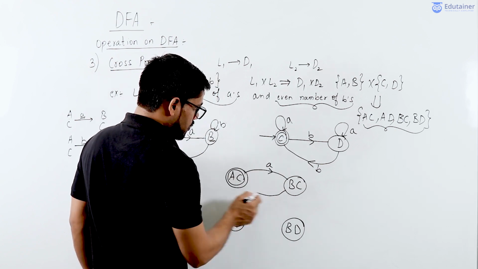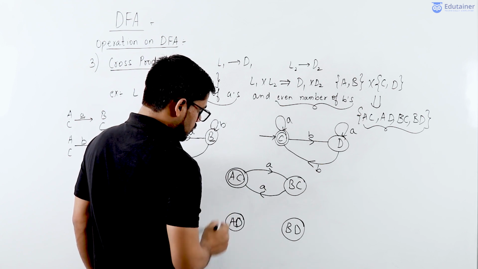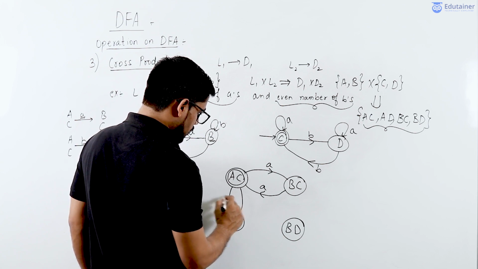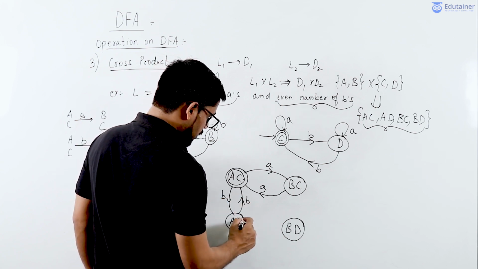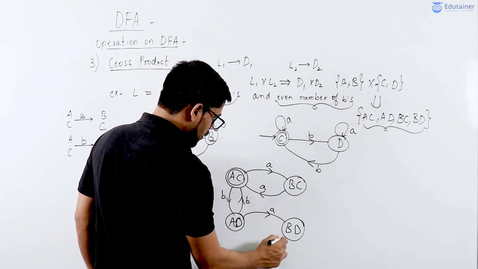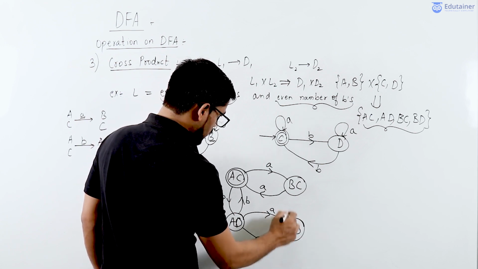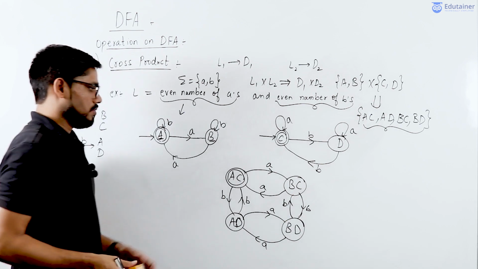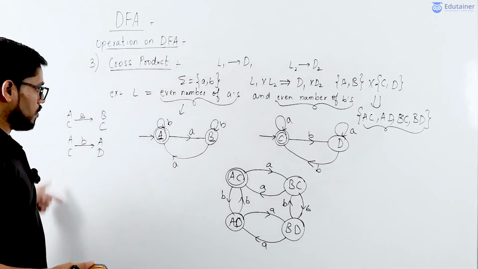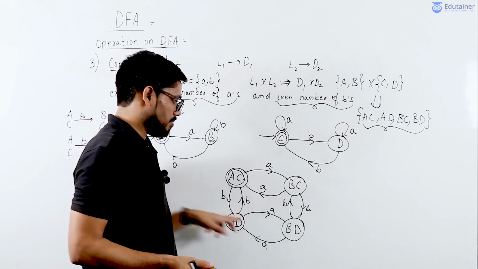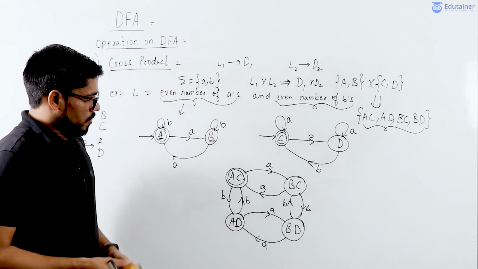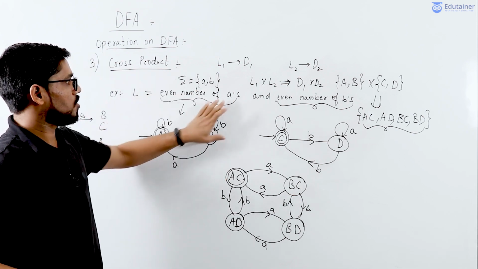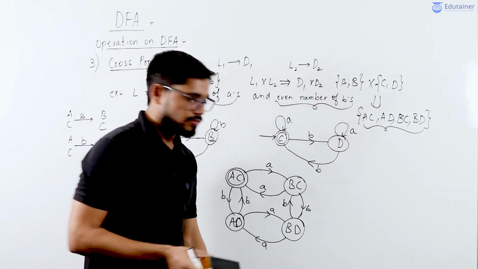Okay, so I will draw the transition diagram, because I know the answer, once again: here b, here a, b, here a, here a, here b, here b. You can check it via this particular method. So you will get the final transition diagram. This is the transition diagram for the language which has an even number of A's and an even number of B's.